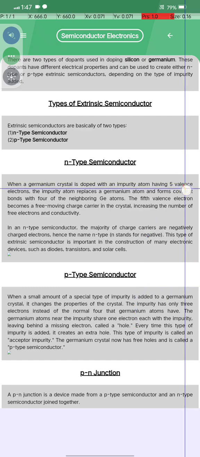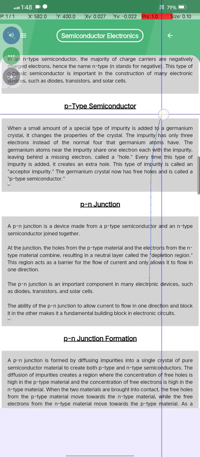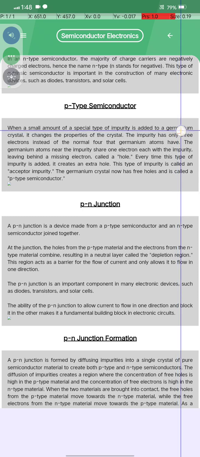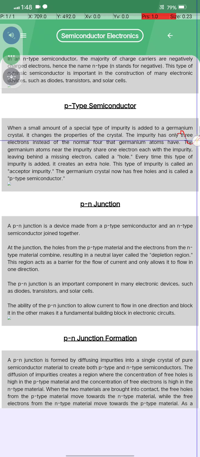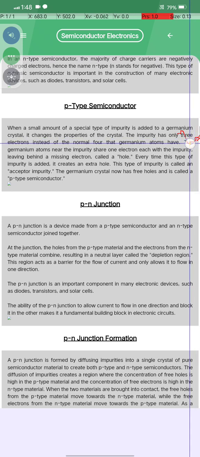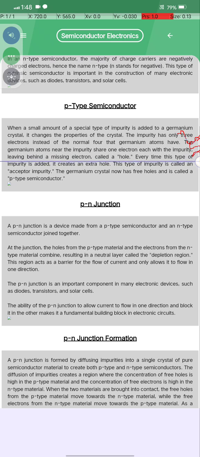Up to here, any problem? That was germanium. After that, what is a p-type semiconductor? When a small amount of a p-type impurity is added to a germanium crystal, it changes the property of the crystal. The impurity has only 3 valence electrons instead of the normal 4, but the germanium atoms near the impurity share one electron each with the impurity, leaving behind a missing electron called a hole.